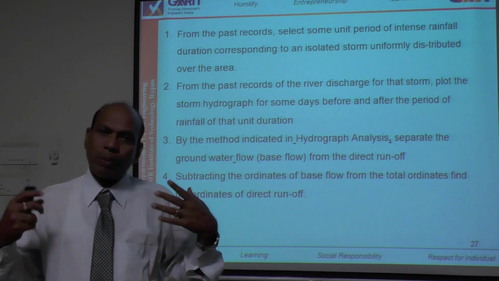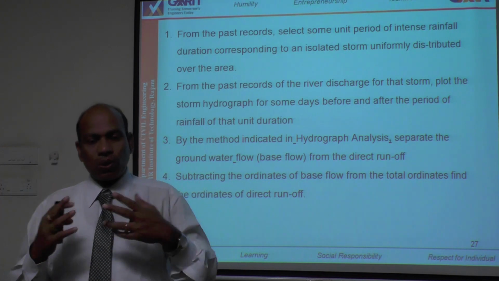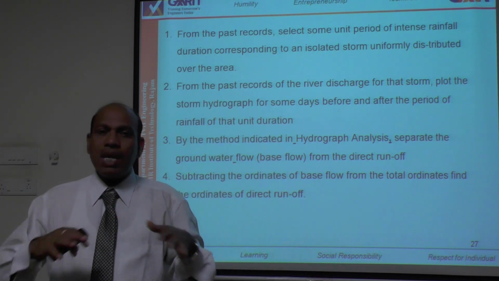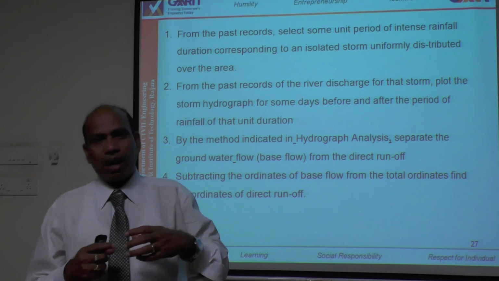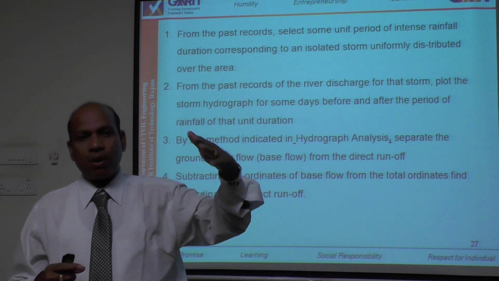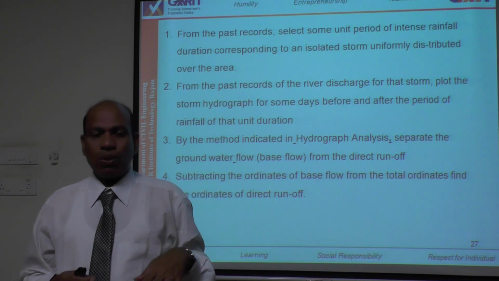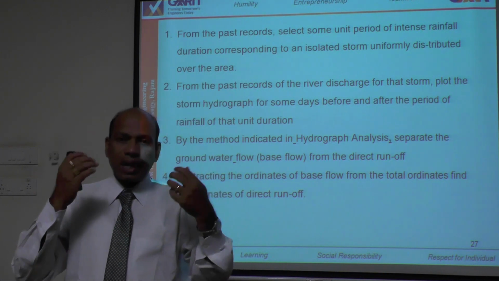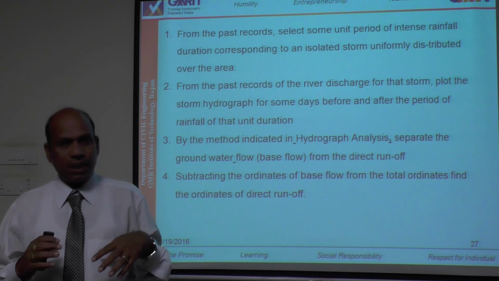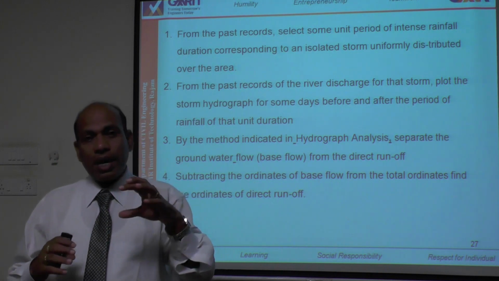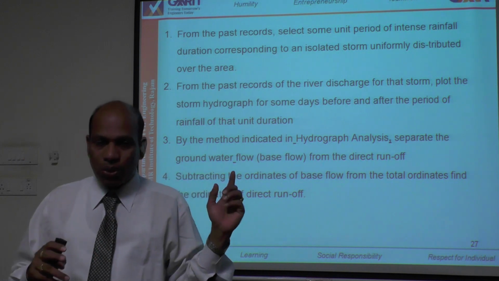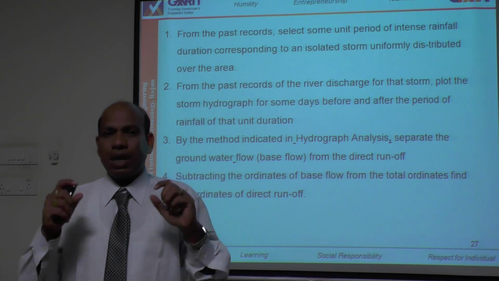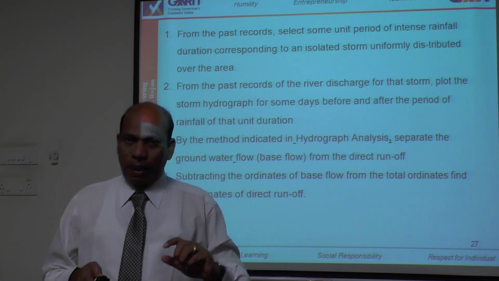Once we prepare the storm hydrograph, then go through the earlier procedure, separate the base flow. Once you separate the base flow, then you know the direct runoff ordinates, below is the groundwater flow. Once we have the direct runoff ordinates, those ordinates can be converted into direct runoff depth. Already I told you one formula for the determination of direct runoff depth.